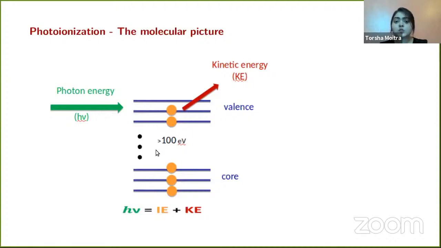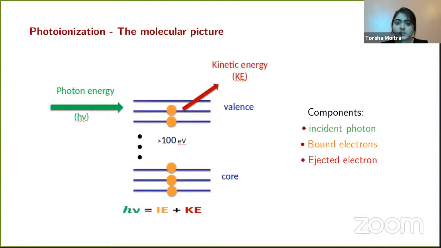What we want is to describe this process theoretically. And for that, we must mathematically model all the individual components involved in the process, which is the incident photon, the bound state of the system, which is both the initial n electron state and the final n-1 electron state, and also the outgoing electron.